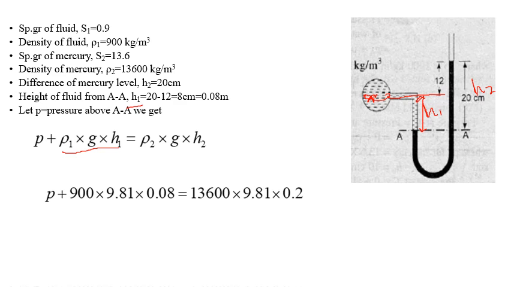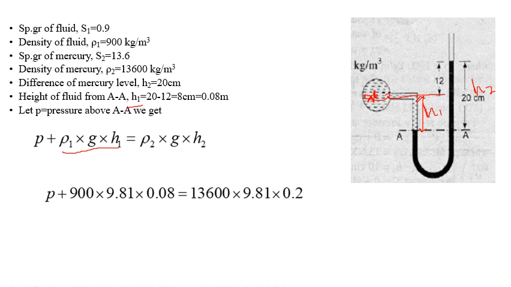Now substitute the values. At this point I want to measure the pressure, that is P here. The pressure for the height of H1 is given by the density 900 multiplied by 9.81, then multiplied by the H1 value of 0.08, plus P, equals the density of mercury 13,600 multiplied by 9.81, that is acceleration due to gravity, for the height of 20 centimeter, that is 0.2 meter.